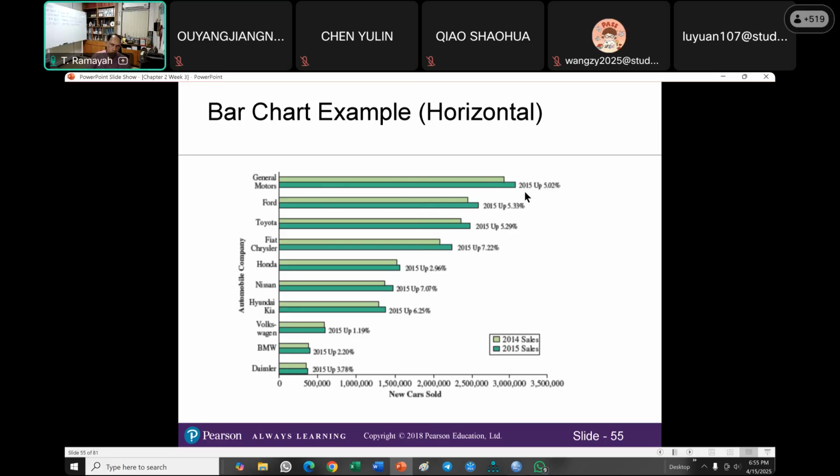So in 2015, the sales went up by 5%. With this kind of comparison, we can see quickly which car has more percentage increase from 2014 to 2015. So we can quickly get a picture from the horizontal bar chart.